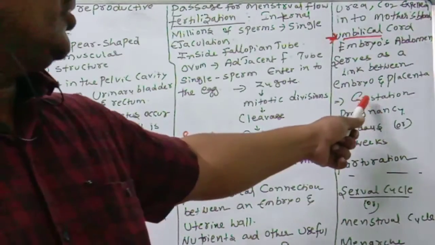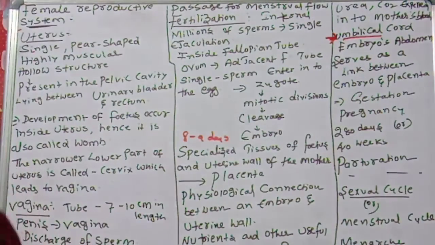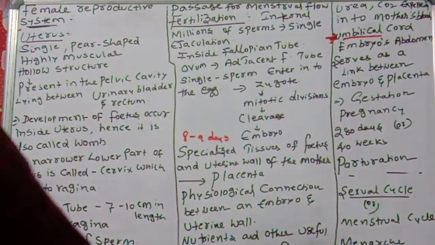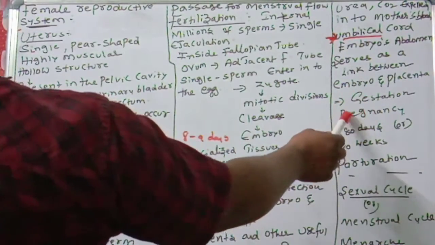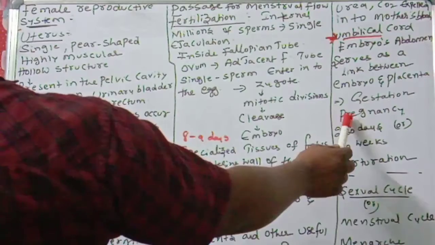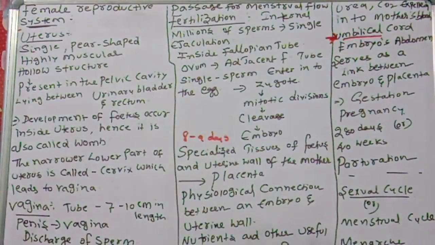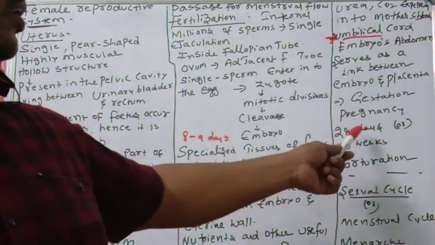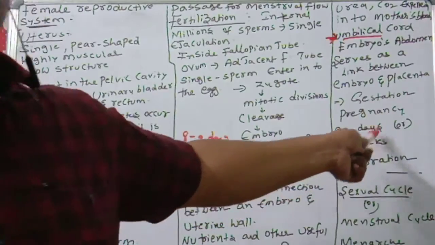Next, come to the gestation period. What is the gestation period? From the time of fertilization until the formation of a fully developed fetus, how many days will it take? The total period is called gestation. In other terms, that period is called pregnancy. Nearly 280 days or 40 weeks.